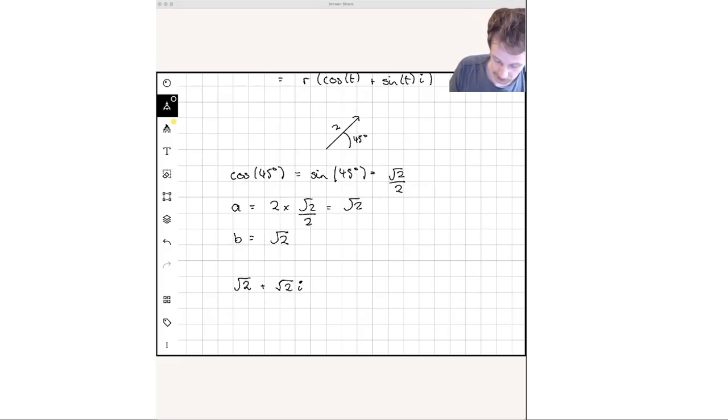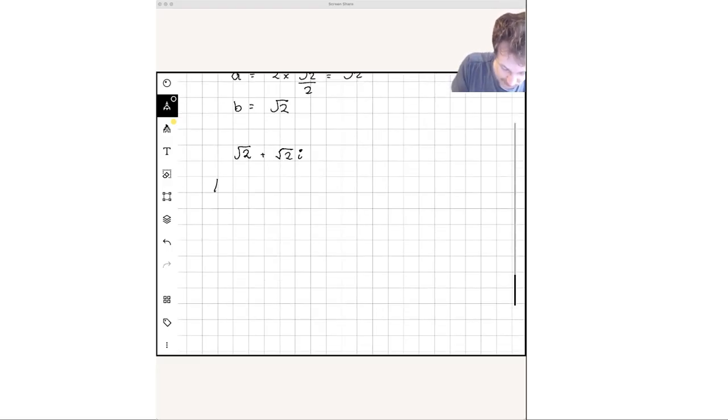Now let's look at how we go the other way. So how do we find the modulus and the argument of a given complex number?